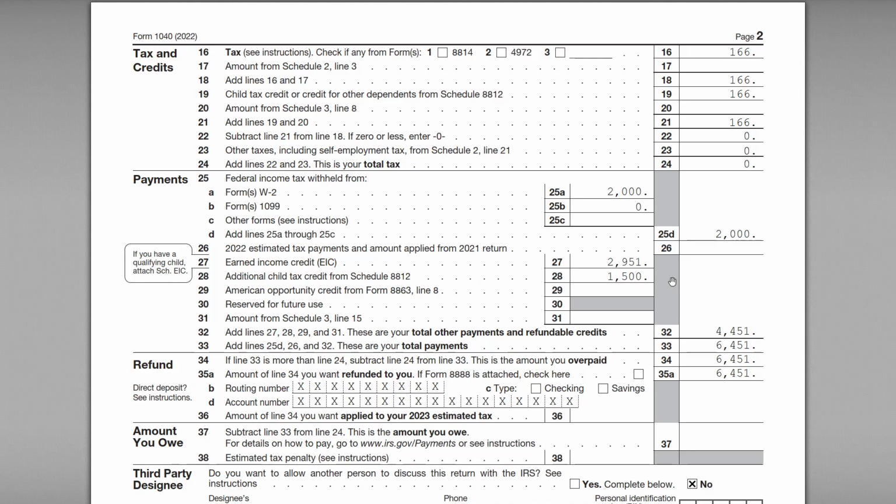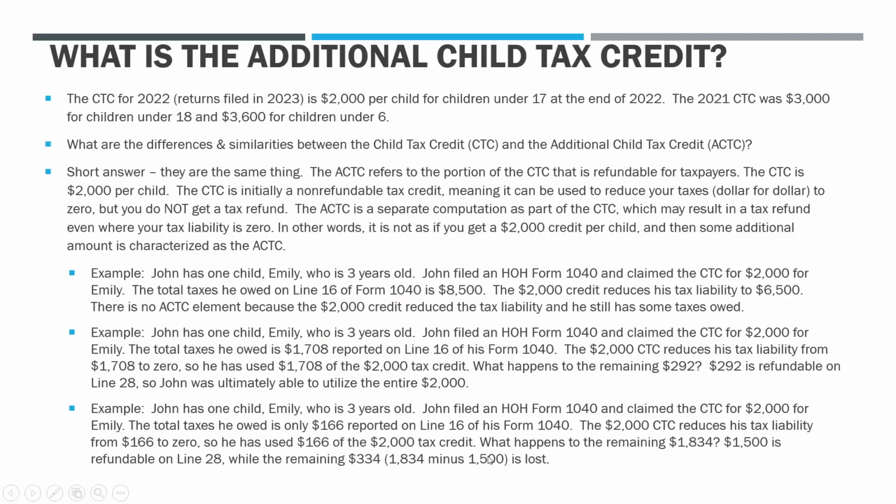So there's a little bit of leakage here, right? Of the $2,000 credit, he gets $1,500 and $166. So basically, he's getting $1,666 of that credit, and then the rest of it is just lost, right? And so the last line item here has the additional math. The remaining $334, unfortunately, you can't do anything with that.